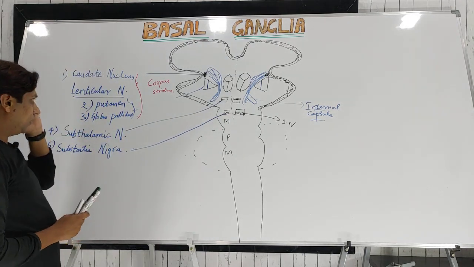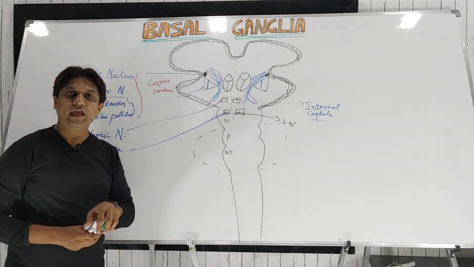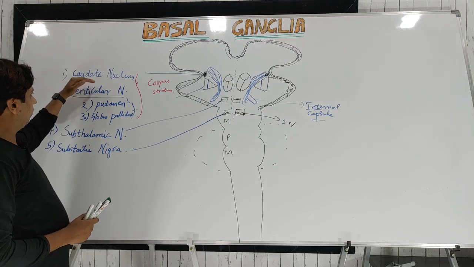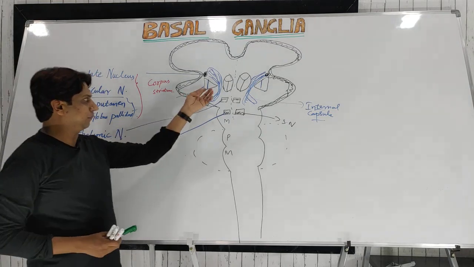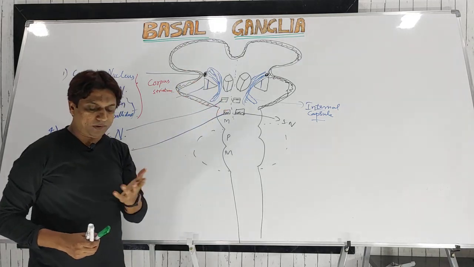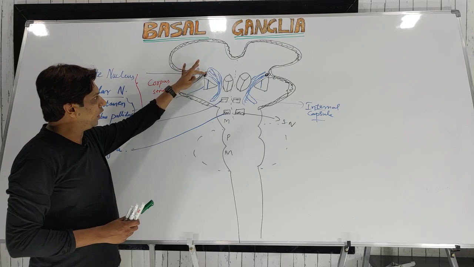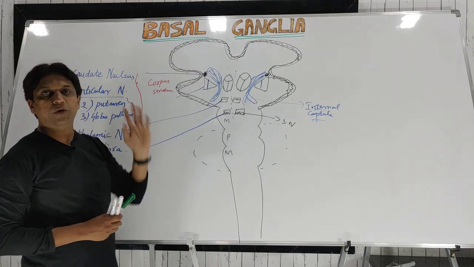Now this corpus striatum is further divided into neostriatum and paleostriatum. The neostriatum means caudate nucleus plus putamen. Simply, if we use the term striatum, it means neostriatum, that is caudate nucleus and putamen.